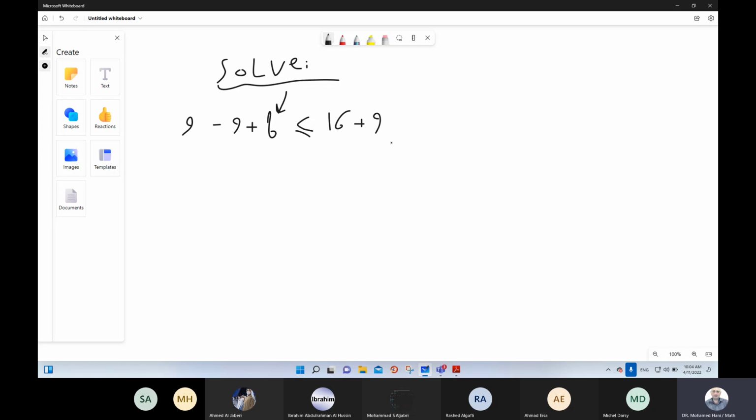When you add the same number to both sides, negative 9 and 9 make 0, so the variable is alone. Here we have the sign less than or equal to, and you can add the like terms: 16 plus 9 is 25. Now you have the solution of this inequality.